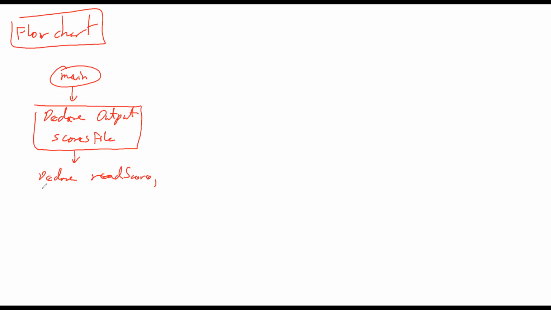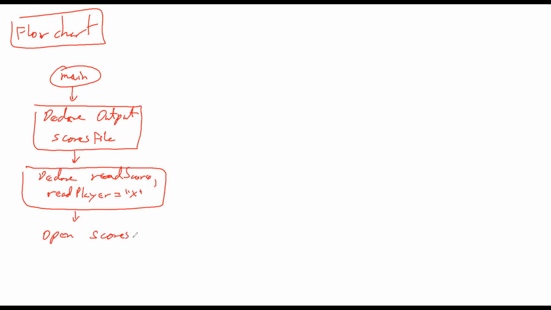And also read player. And we just initialize it to some string. And now we open the file, scores file, which is mapped to the name golf.txt.